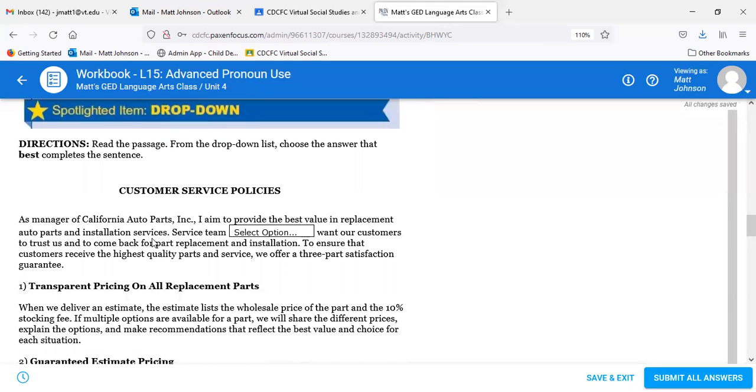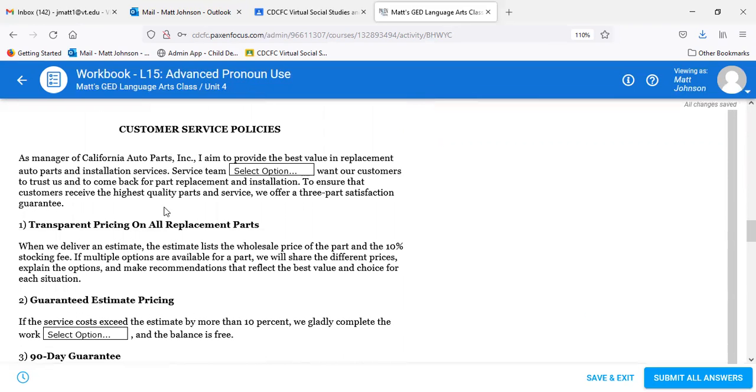So as a manager of California Auto Parts Incorporated, I aim to provide the best value in replacement auto parts and installation services. Service team, what do we need here? Is this going to be a subject or an object? It's a subject because we haven't got to our verb yet, right?